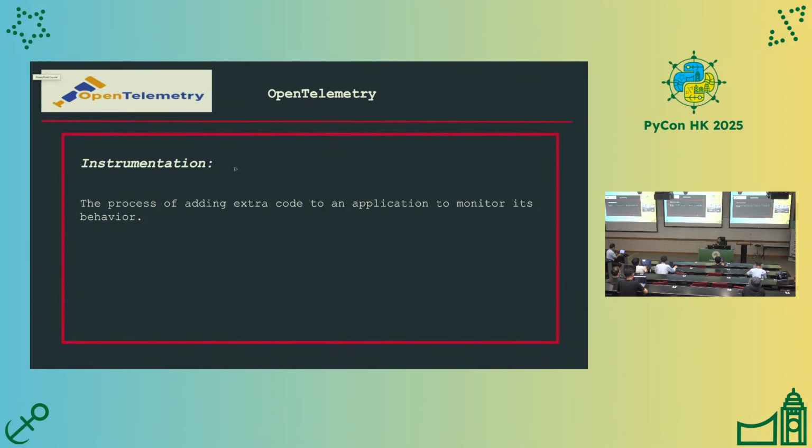Automatic instrumentation: OpenTelemetry provides certain modules that we can import, and on our behalf, it will provide that instrumentation. So instead of writing 5 to 10 lines, we just need to import 2 or 3 lines, and the rest will be done by OpenTelemetry for us. That is known as automatic instrumentation. And then the third one is programmatic instrumentation.